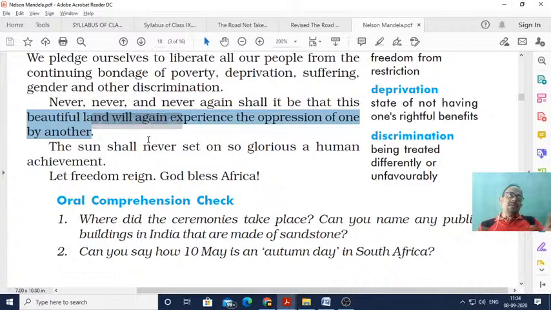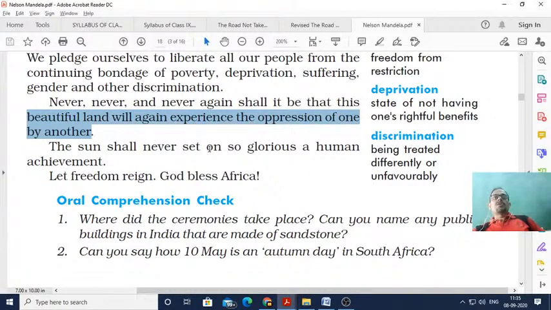Now he says that never again will South Africa experience any kind of discriminatory behavior, which it was used to experiencing for many years. So from now onwards there will not be any discrimination of any sort on the soil of South Africa. This is what he is pledging in front of the world and in front of the people.